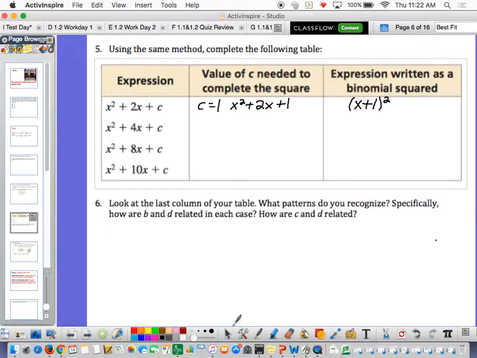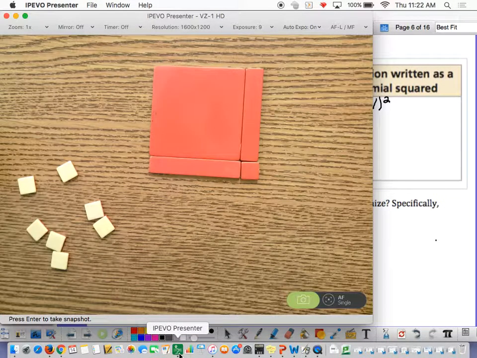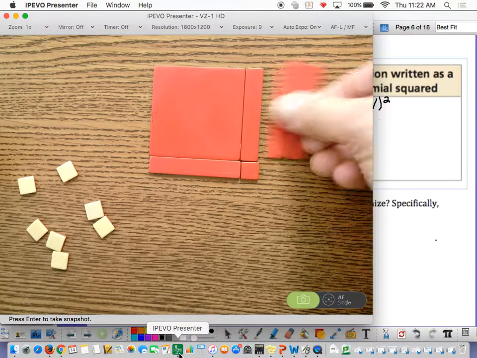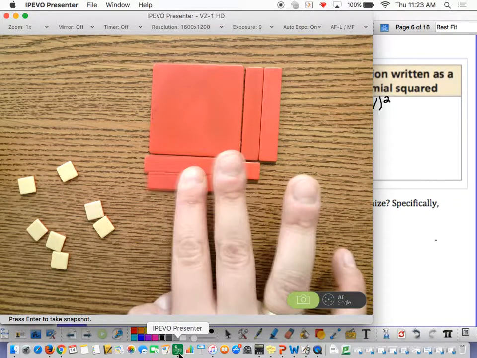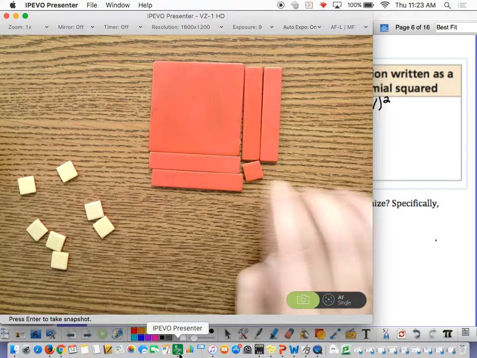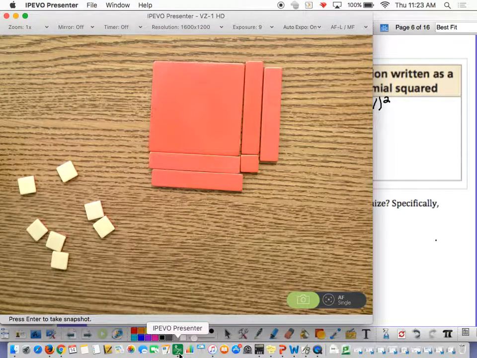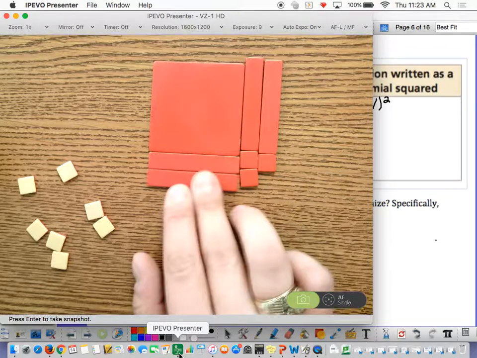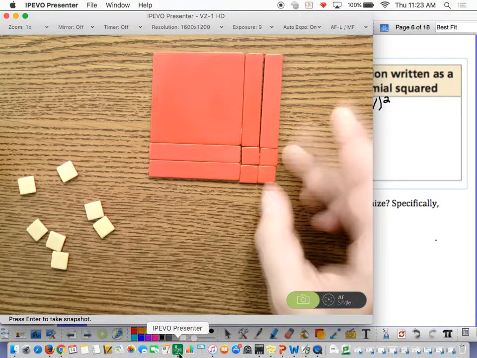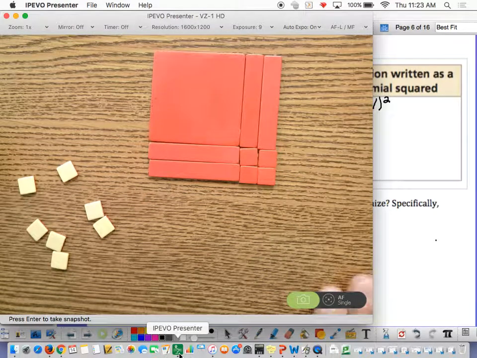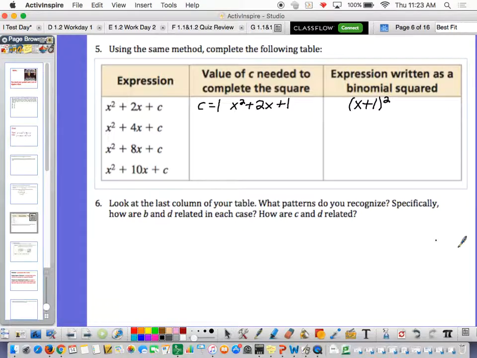Let's do the next one, which is x squared plus 4x. So you've got x squared. So we need 4 tiles. So there's 1, 2, 3, 4. And hopefully you're able to tell then, to fill in the square, to make this a square, you're going to need 4 ones. Okay? Beautiful. So the C value that we need if it's x squared plus 4x is 4.